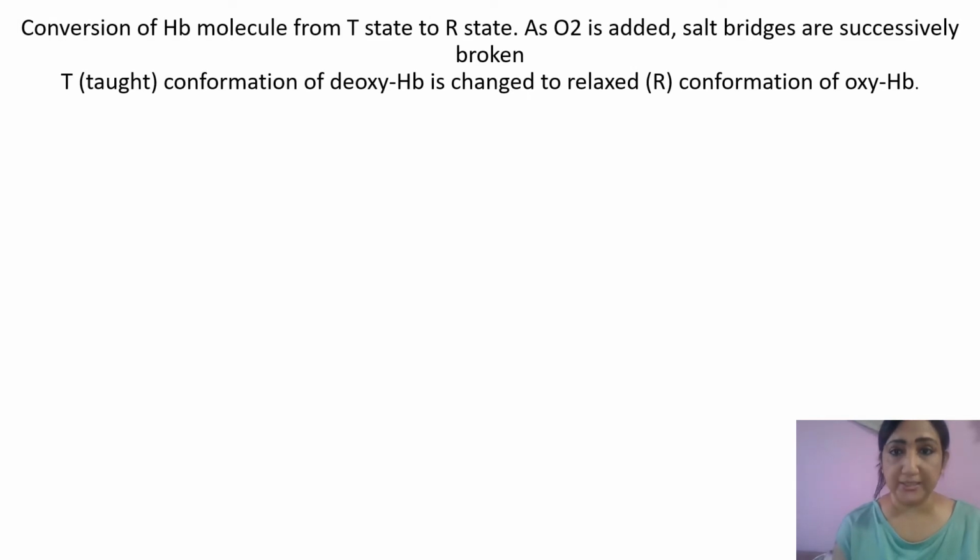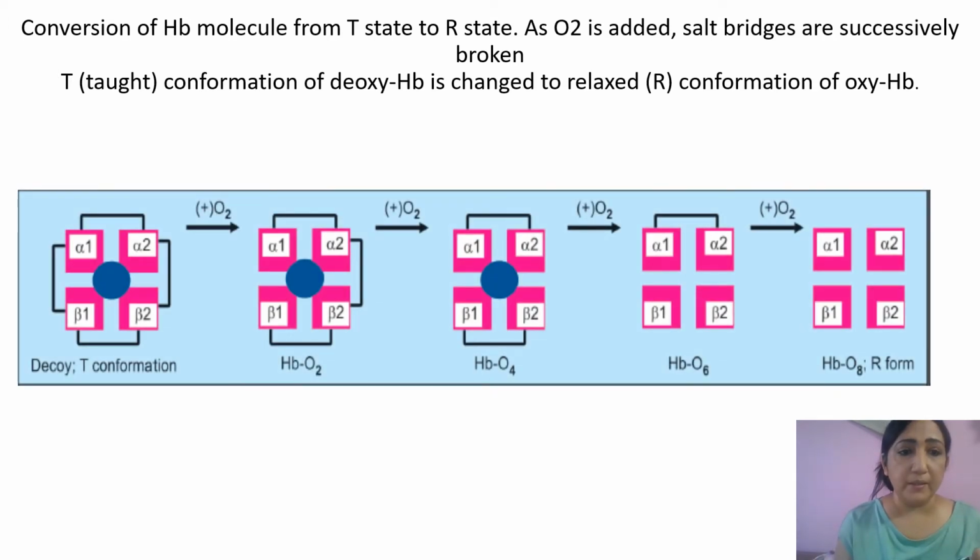Now the conversion from the T state to the R state. When oxygen binds with hemoglobin, the bonds or salt bridges are successively broken, and we are going to discuss this with the diagram. This is the T form, or the tense state. You see the salt bridges between alpha 1, alpha 2, beta 1, beta 2.